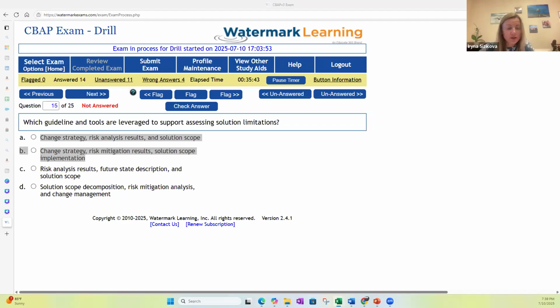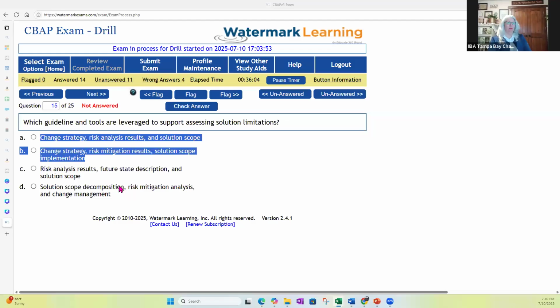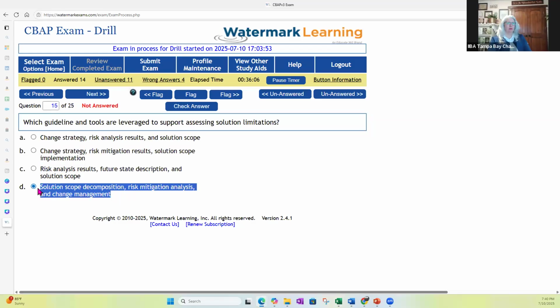Do you think solution scope decomposition is a good option? I'm not sure. Solution scope decomposition sounds weird. It does. I mean, there is functional decomposition of solution requirements, right? Not scope decomposition. So I don't think this is a real one. I don't think so either.